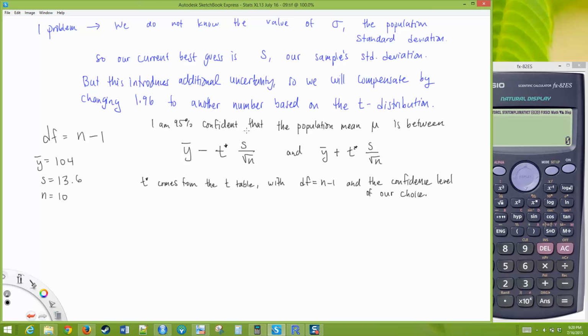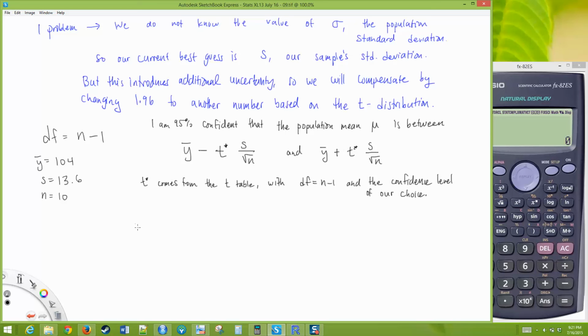So in our case, we chose 95% confidence. This is kind of the standard number that we go to, but if you want higher or lower levels of confidence, that's up to you.